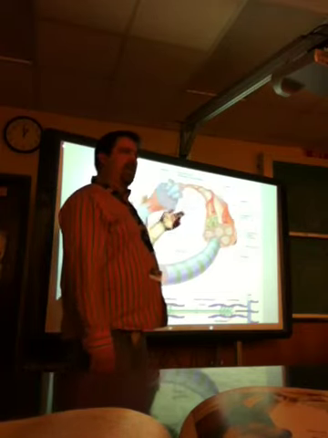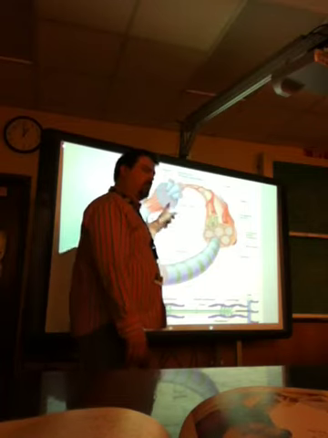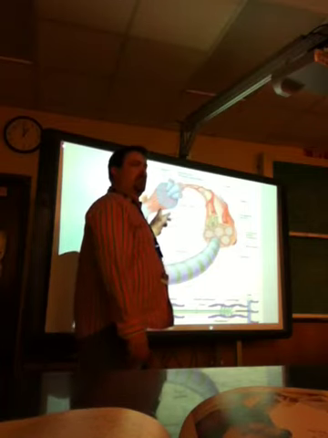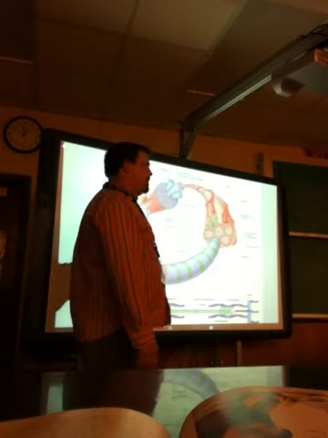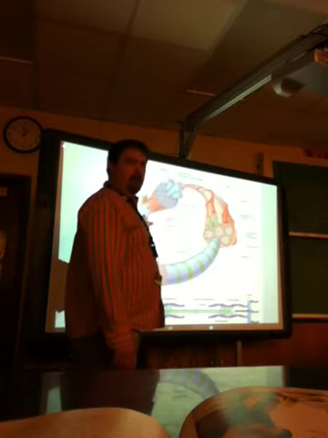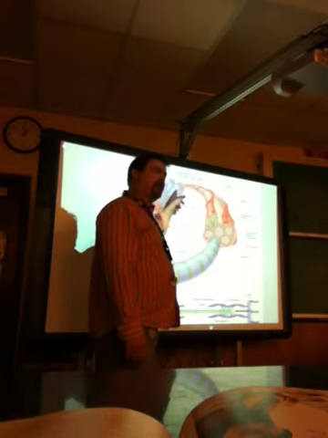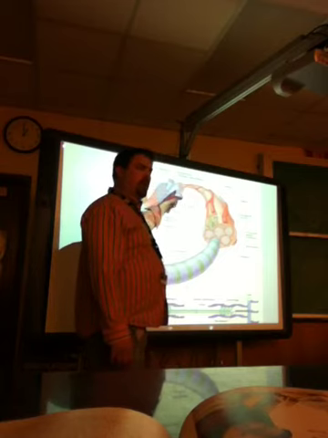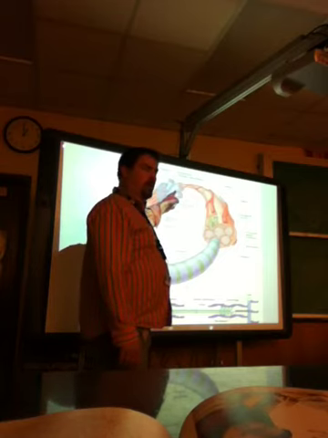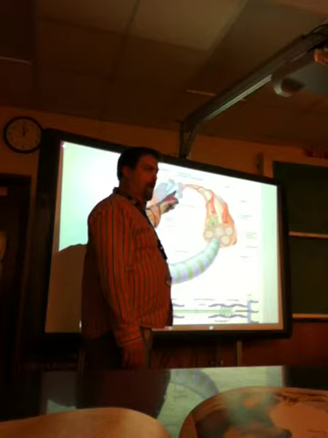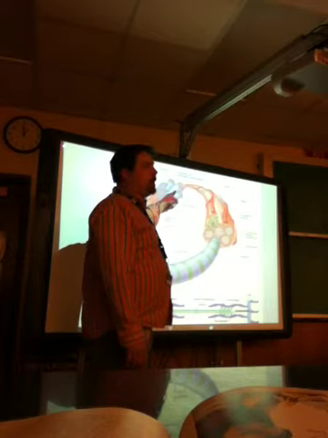And now it's a good time to talk about the coverings. What covers the muscle itself? Epimysium. Epimysium also helps form the tendon. And then what covers each fascicle? Perimysium.